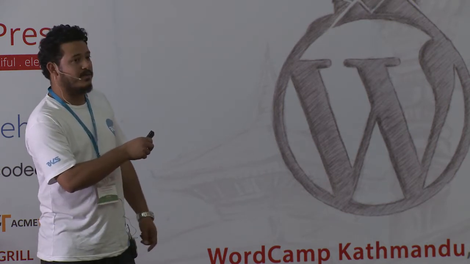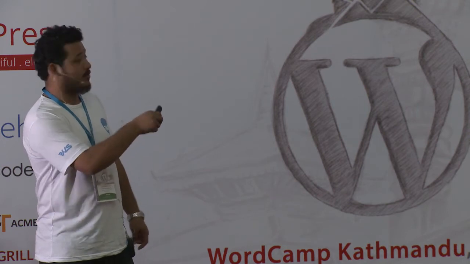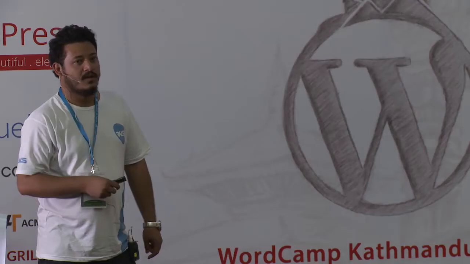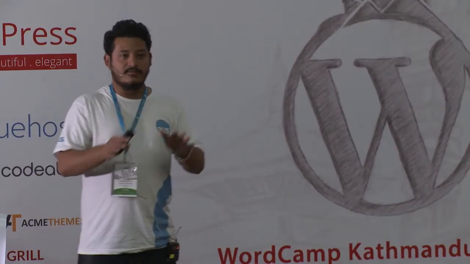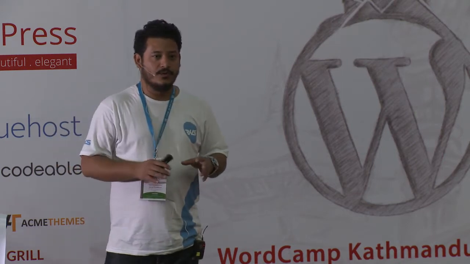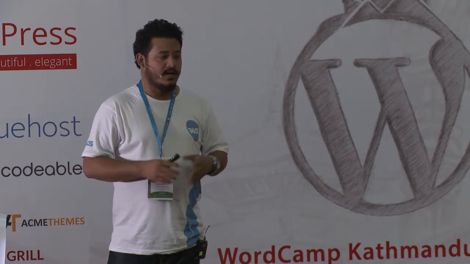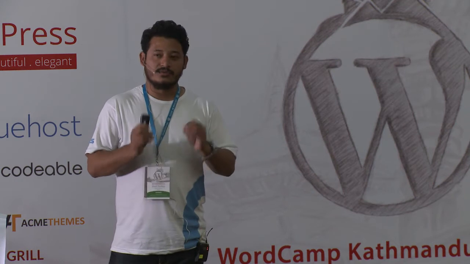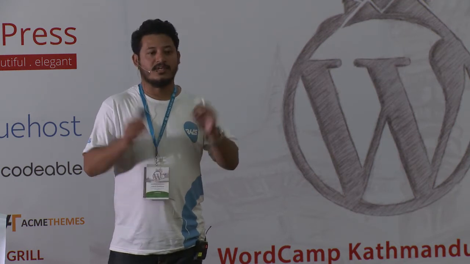Like the example I have given here, WordPress 2: wp2 comments, meta, comments. Similarly, we get all these tables, except these two, user meta and users. These two tables are the same for the entire network. So whenever you create a multi-site and create new sites on that network, you have a different set of tables for each site, but the users and user meta tables are the same for the entire network.